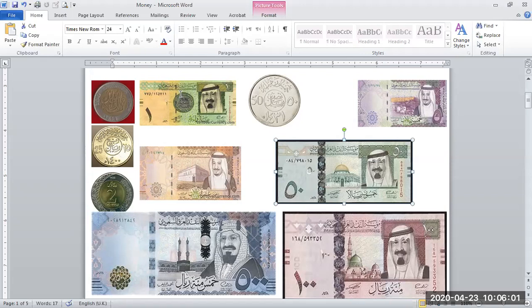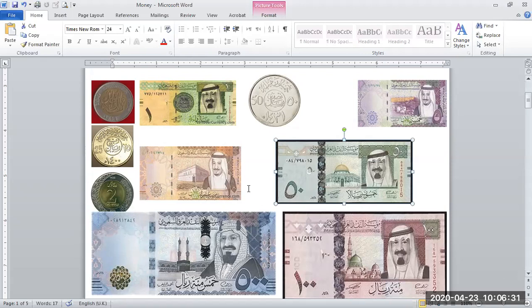And this is 1 riyal as a note, this is 5 riyal, this is 10 riyal, this is 50 riyal, this is 100 riyal, and this is 500 riyal. Today we make equivalents of the money. For example, 5 riyal or 1 riyal equals how many coins, which kind of coins. Okay, now let us start.